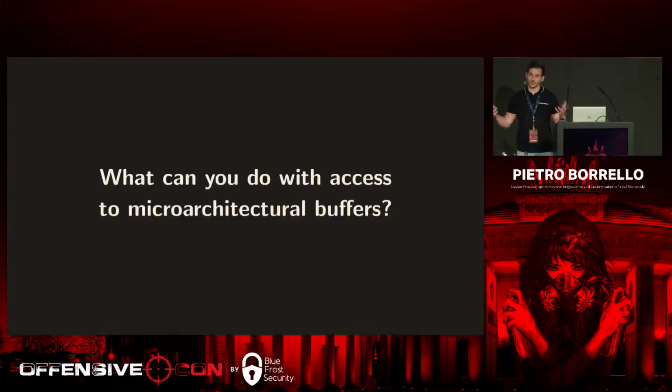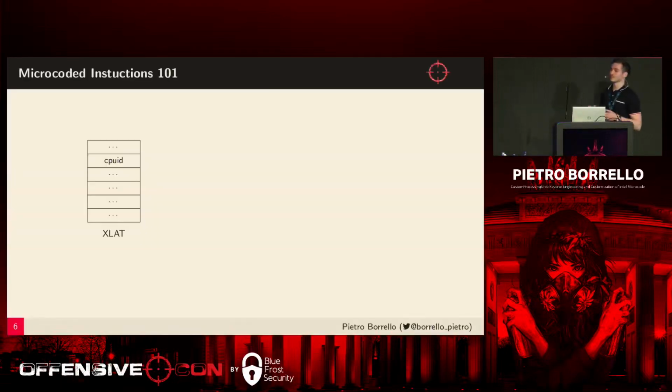So our whole talk starts with the question, what can you do with the access of microarchitectural buffers? We will start from a post-exploitation stage to understand what can we do to a CPU. And the answer is bad things and good things. But to understand what can we do, we have to understand, okay, how do microcoded instructions work?